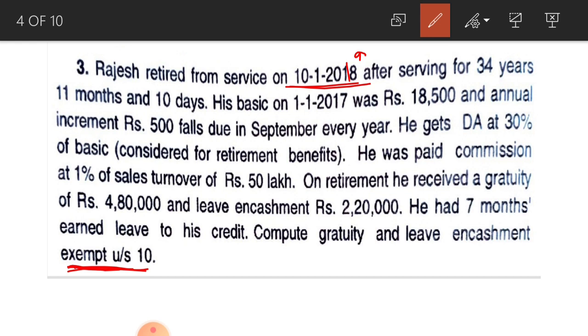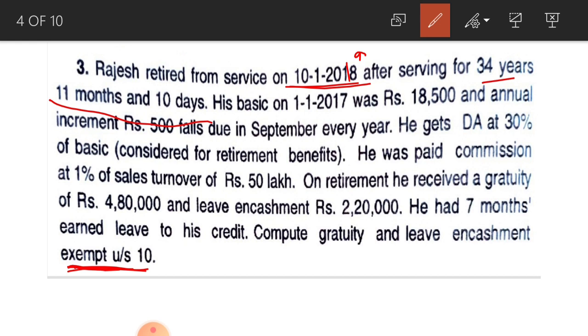Next, see, after serving for 34 years, 11 months and 10 days. In this problem, nothing is mentioned about whether he is covered under Gratuity Act or not covered under Gratuity Act. When nothing is mentioned, you have to consider him as not covered under Payment of Gratuity Act.